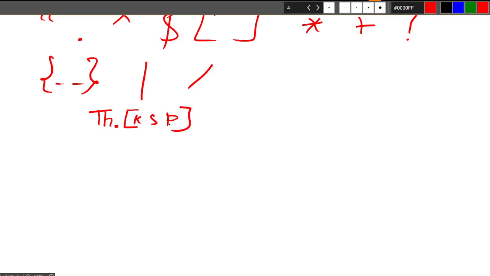Like this. If I have written an example like this, what do you think? What will be the meaning? What are the strings which are acceptable?